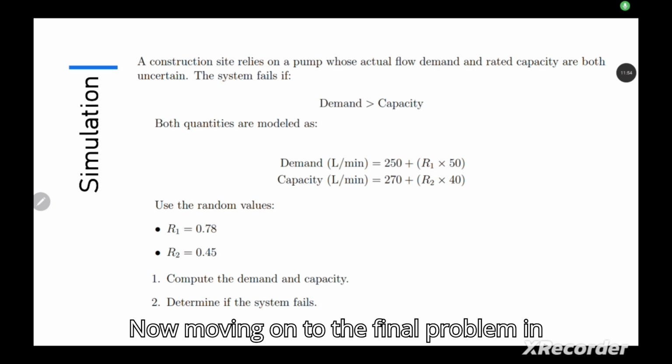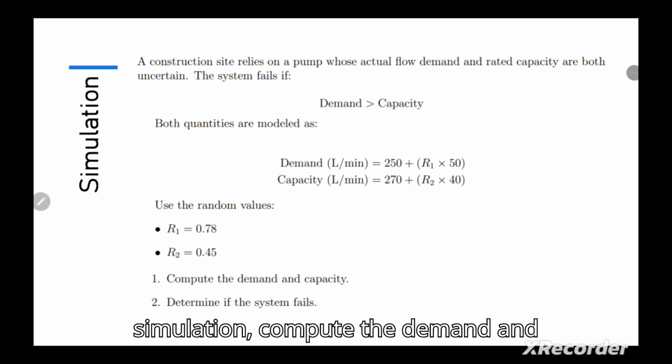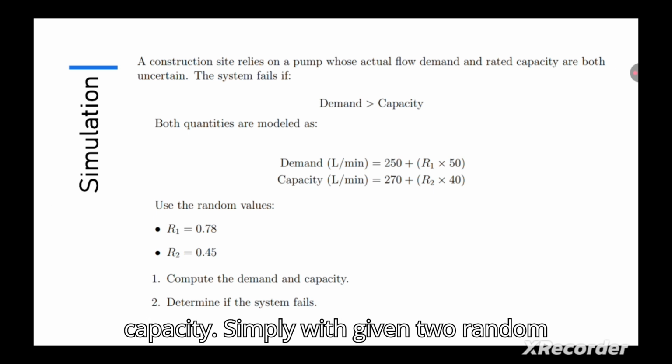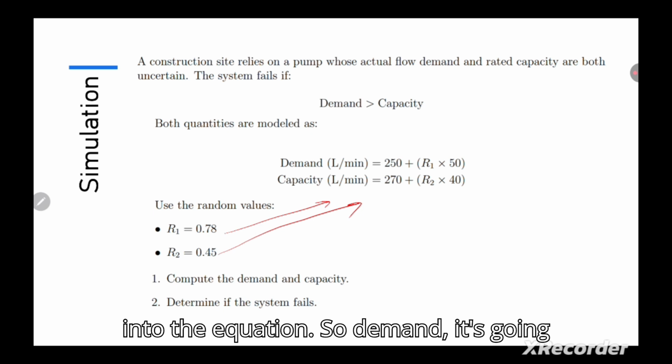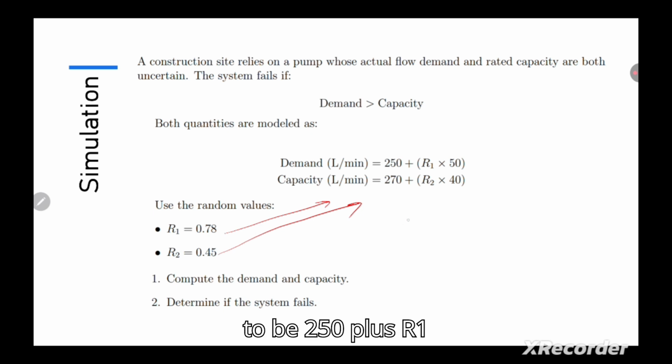Now moving on to the final problem in simulation, compute the demand and capacity. Simply, we're given two random numbers and two equations. We plug them into the equation. So demand is going to be 250 plus R1 times 50, which means in this case 250 plus 50 times 0.78.